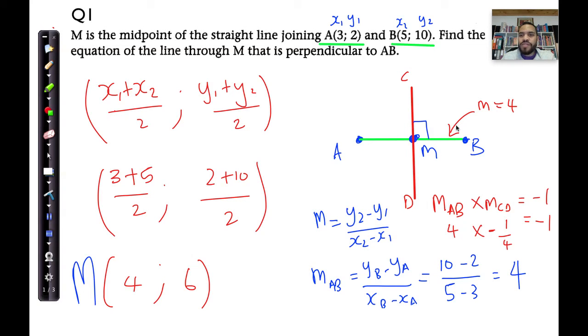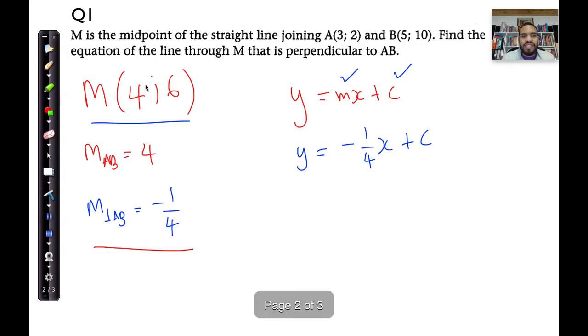But if I know this gradient is 4, I know this gradient is minus 1 over 4, and I also know that A and B don't fall on this line, but M does. So the coordinates of M were 4 and 6. 4 is the x, 6 is the y. So let's do that. Let's make it 6 is equal to minus 1 over 4 multiplied by 4 plus c.